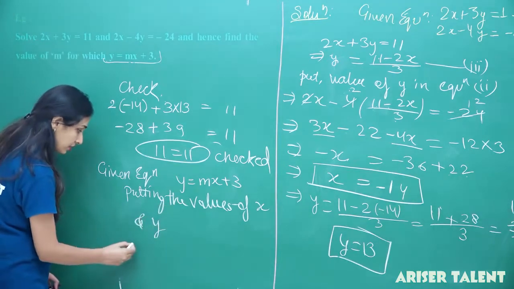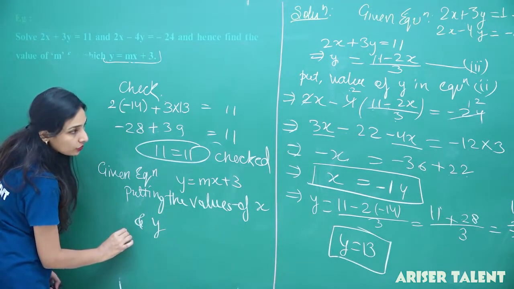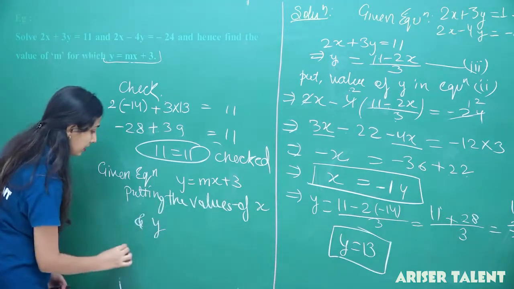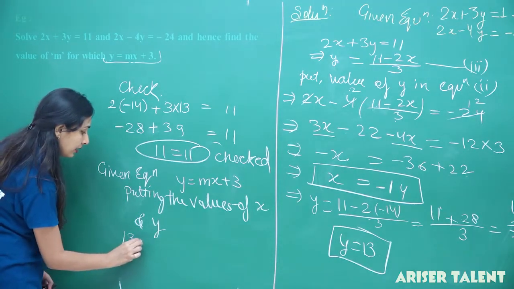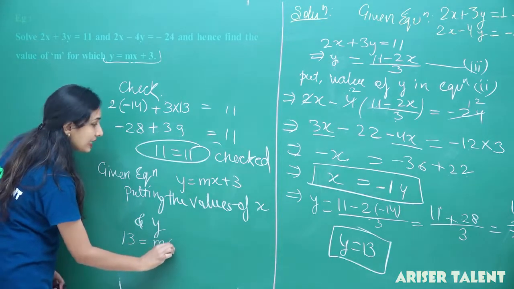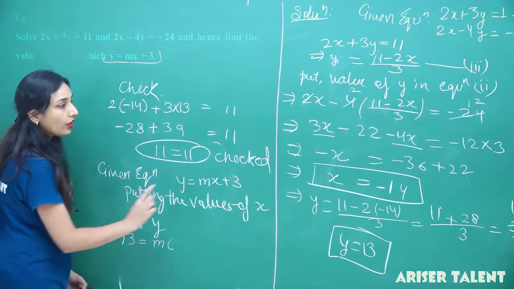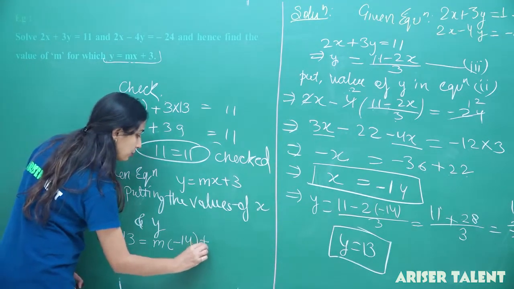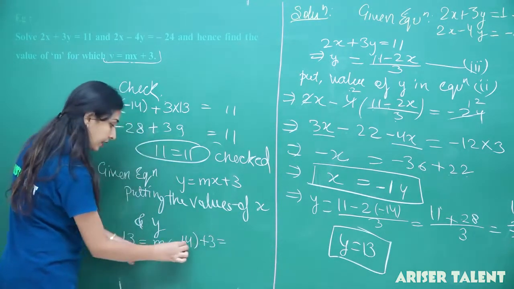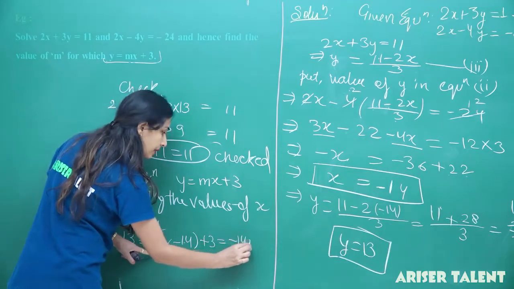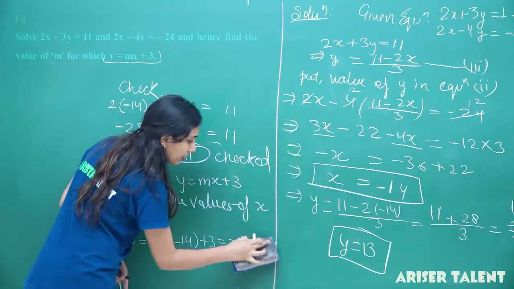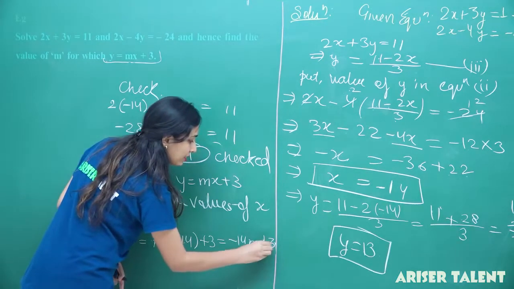We can have y's value, 13, equals to m multiply by x, x is minus 14, minus 14m plus 3.